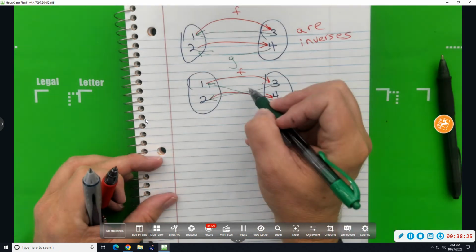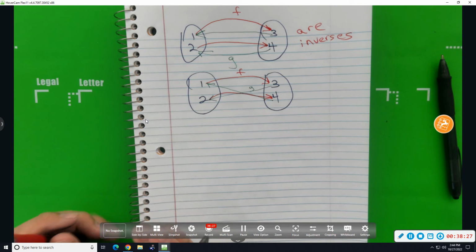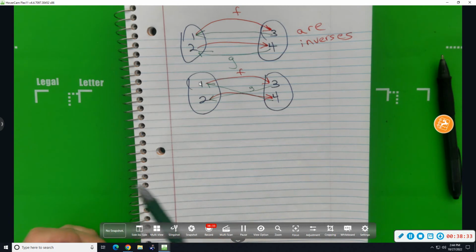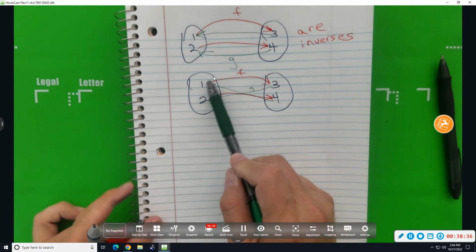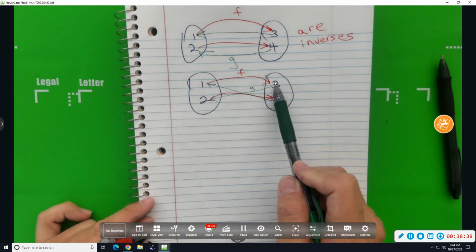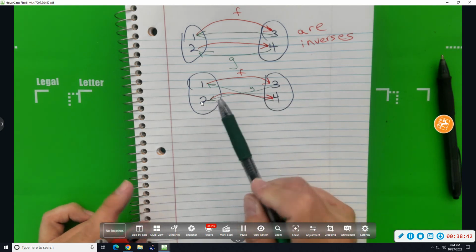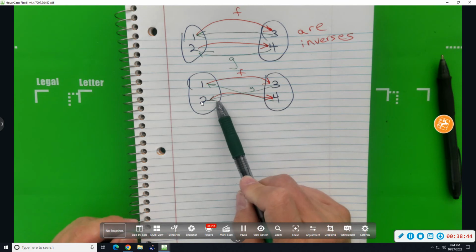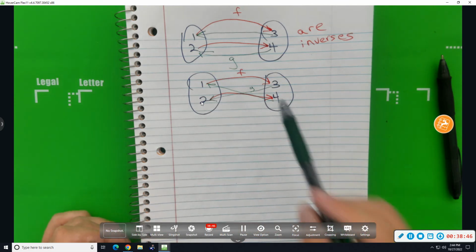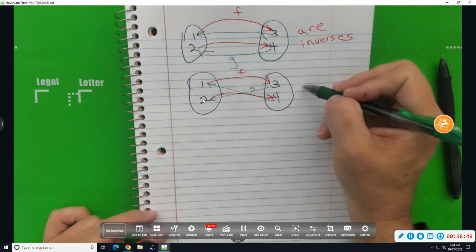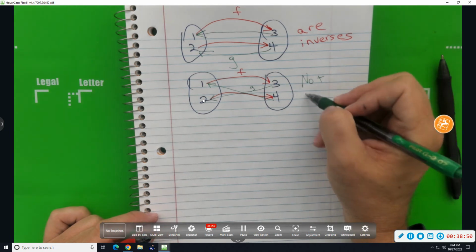So the green is the g function. If you perform these two functions consecutively, are you going to end up where you started? 1 goes to 3, but where does 3 go? 3 goes to 2. You're not ending where you started. That means these things are not inverses. Any questions?